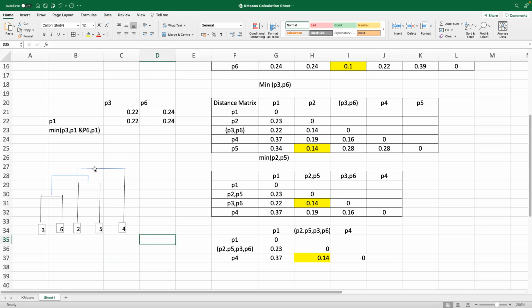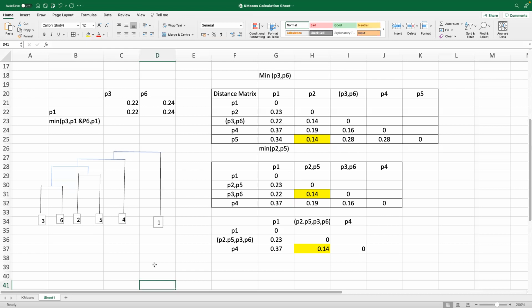And the last one would be the individual cluster. Finally, we will have only cluster 1 as the separate one.